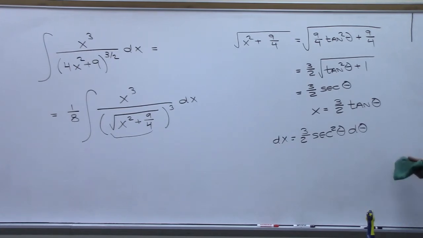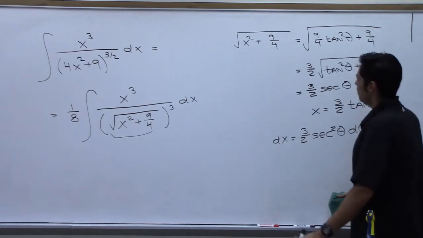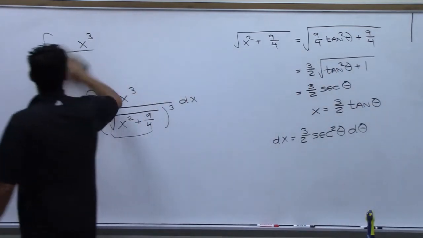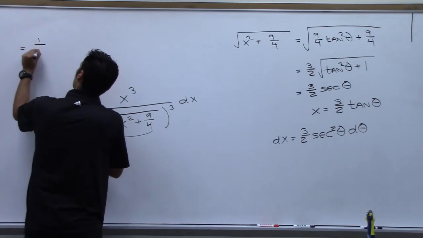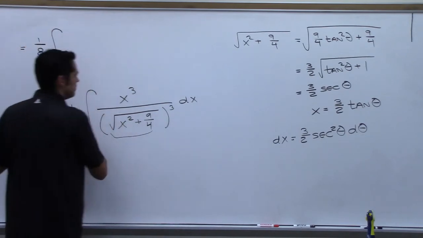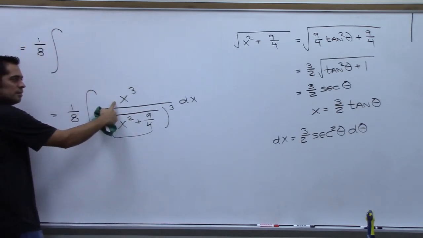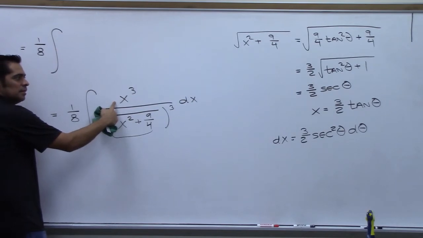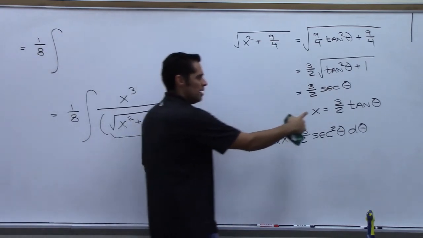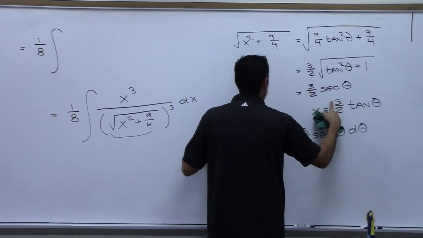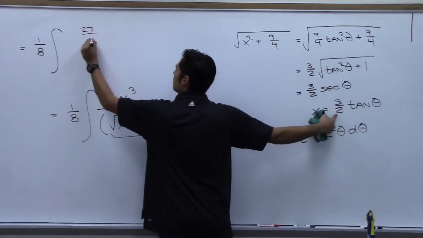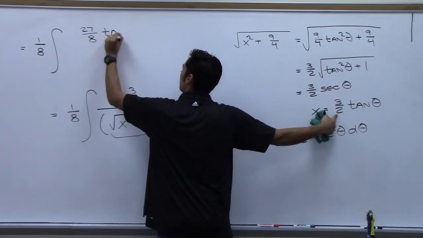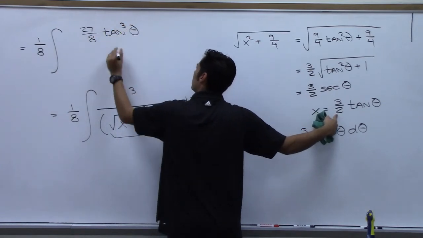All right, I'm ready to rewrite this thing. I'm excited about it. All right, I'm kidding. All right, so 1/8, right? Integral, x cubed on top. Well, you get to cube this, right? What's 3 cubed? 27. 2 cubed, 8. Tan cubed, over.